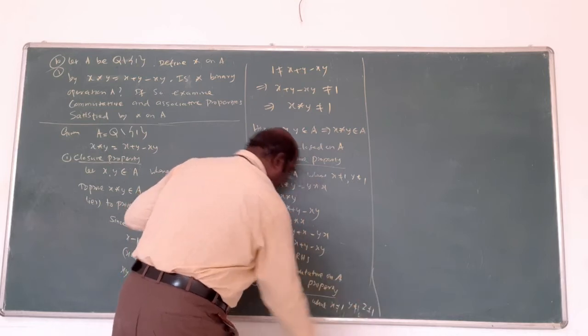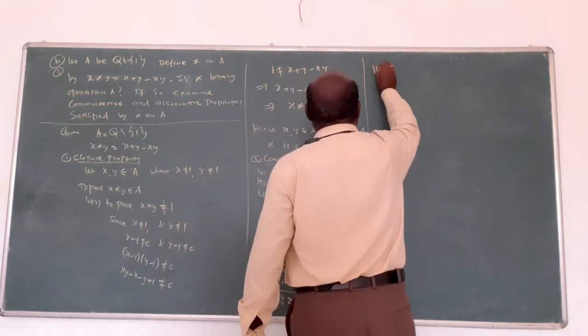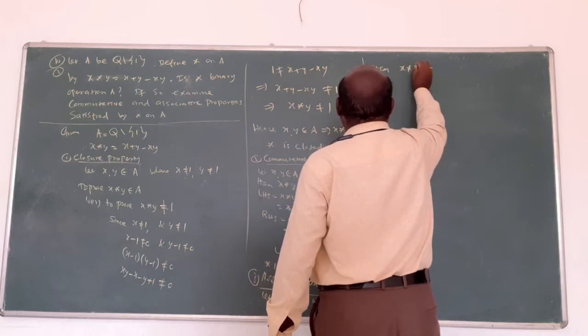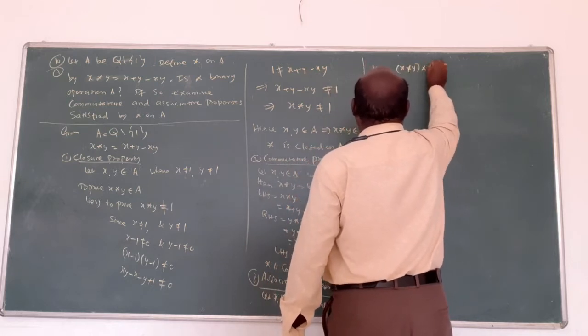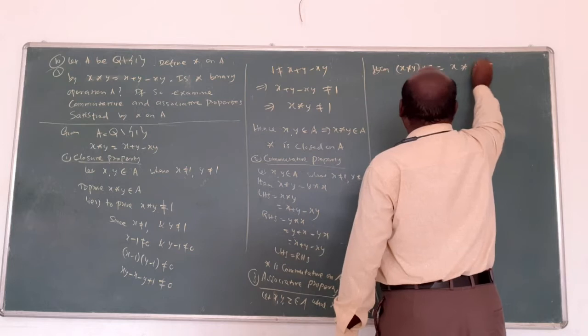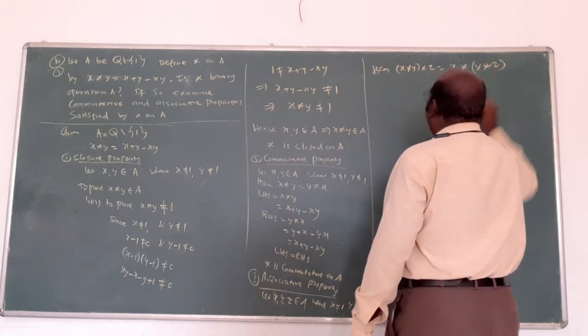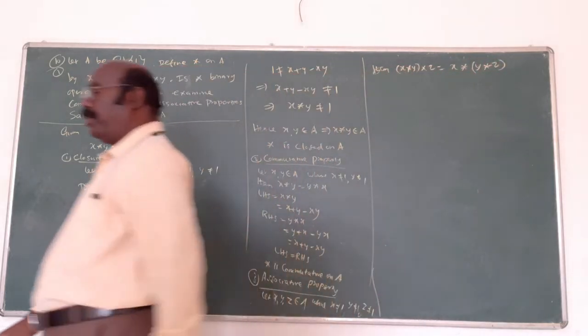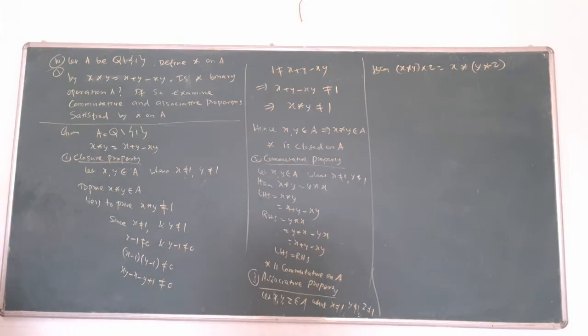Okay? Then you want to prove x star y star z is equal to x star y star z. Now start with LHS, then reach RHS.